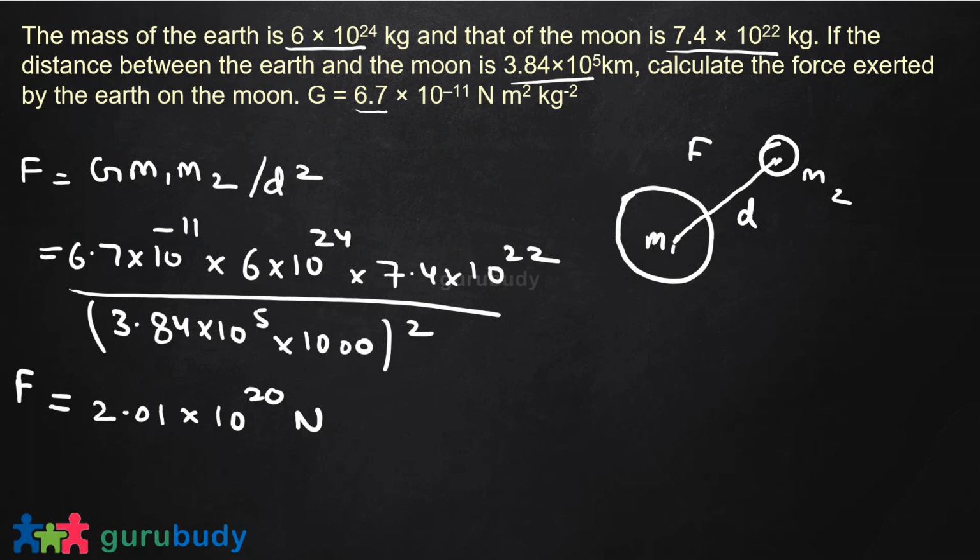Okay, if let's say this force somehow becomes zero, then the moon will just fly off. So that is the amount of force that Earth has to exert on the moon to keep it close. I hope you guys understand this problem. Go over this lecture one more time just to clear your concepts.